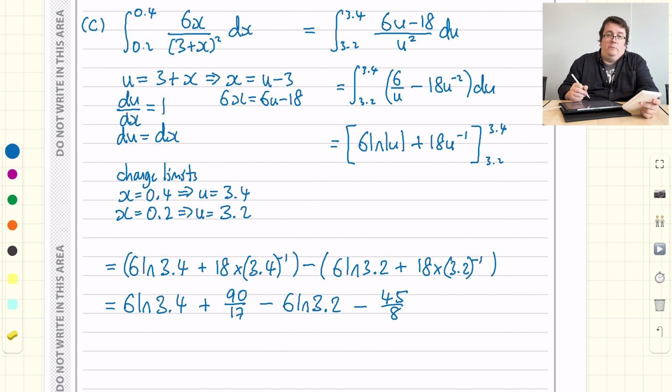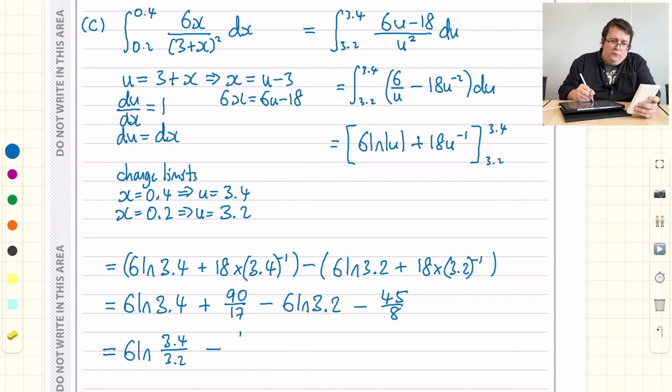So the two logarithms can be combined to make 6 times the natural log of 3.4 over 3.2, using the quotient rule for logarithms, that is. And then you've got the 90 over 17, take away 45 over 8.